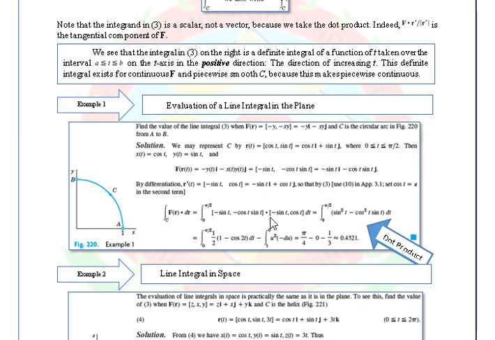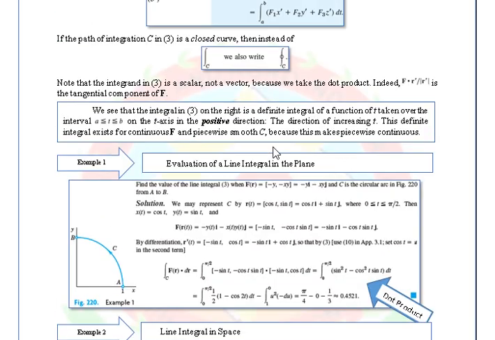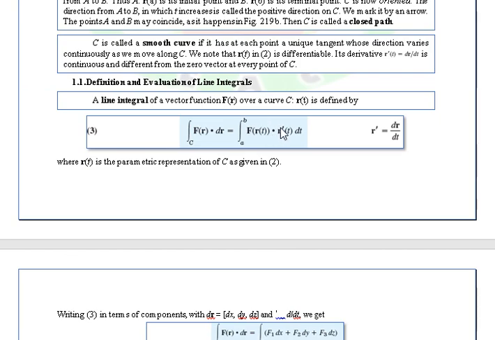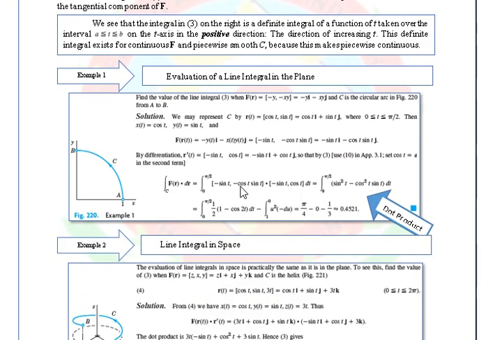We have to take the dot product of the function derived here and r prime of t, the derivative of the position vector. So we have now this one. After that, simplifying this dot product, we can now have this equation here.